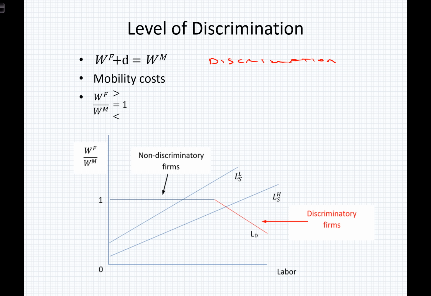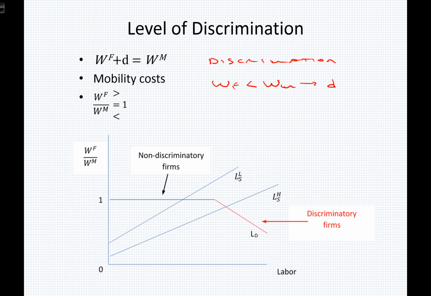So when we see the wage of the female being less than the wage of the male, we know that there is some D present in that situation, assuming the male and the female have the same job, same level of productivity, same responsibilities, same skill set requirements.